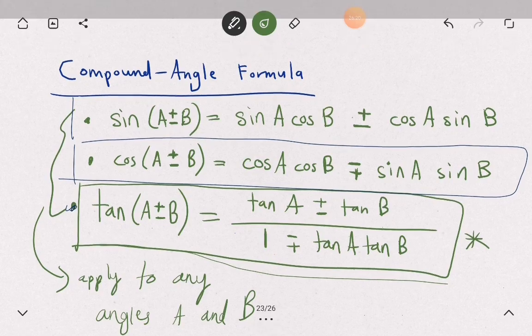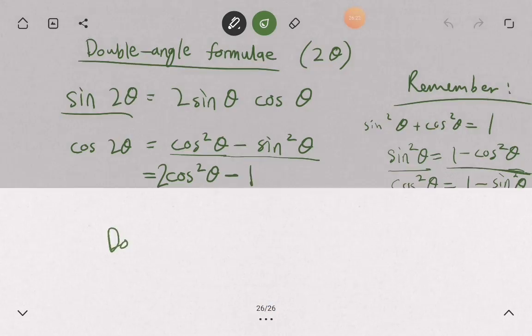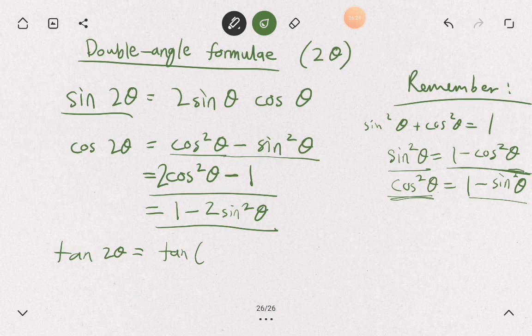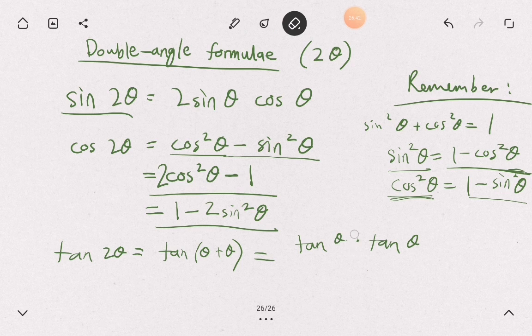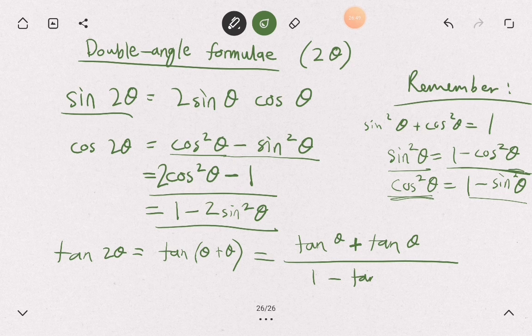So this is just tangent theta plus theta, which becomes tangent theta plus tangent theta, over 1 minus tangent theta times tangent theta.